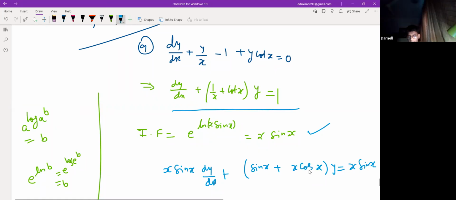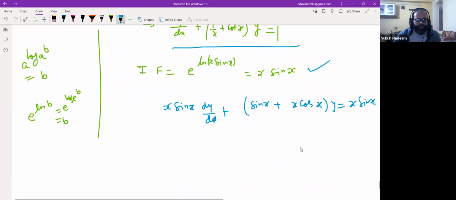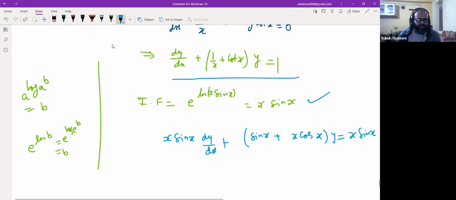Please, can you repeat? Sorry, I didn't understand. So if you multiply x sin x on both the parts, what will happen? That x sin x is multiplied here, here, here, and here.